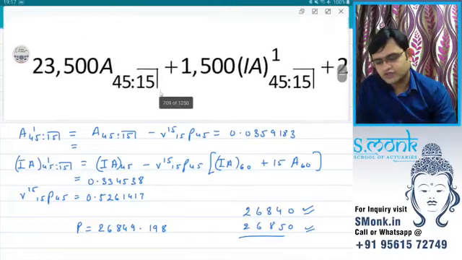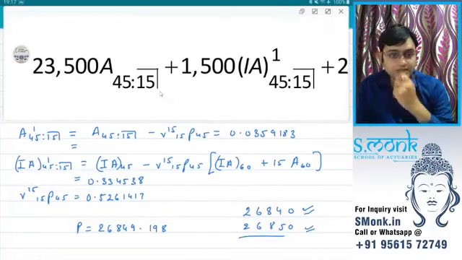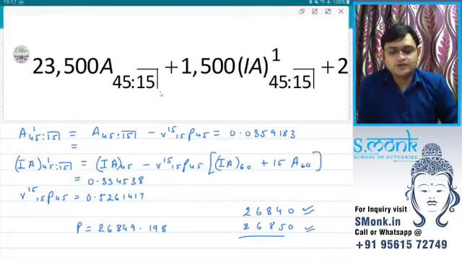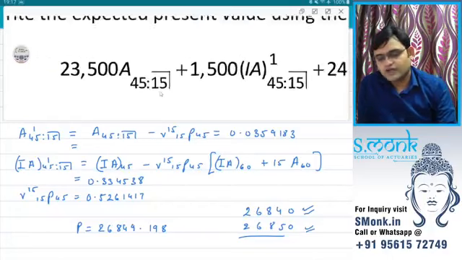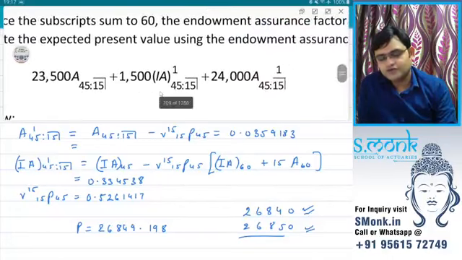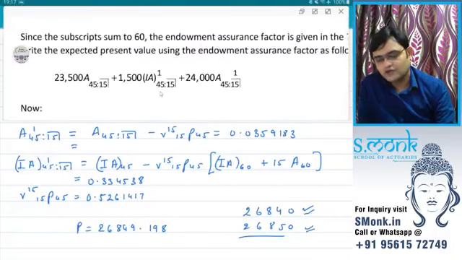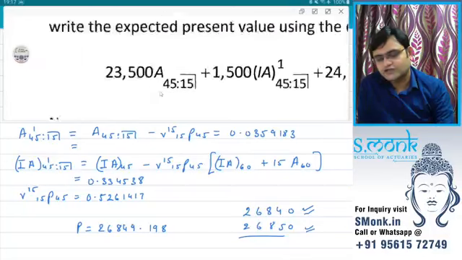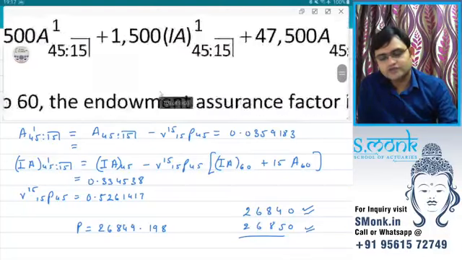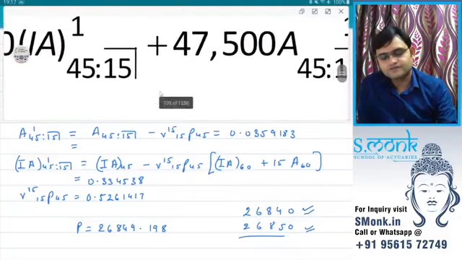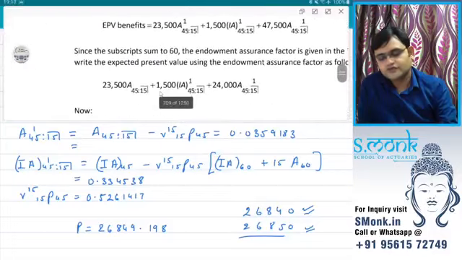So you can see here 23,500, they are using endowment value. That is term plus pure endowment. Where does this pure endowment value come from? It comes from here. Now you can see the pure endowment value has gone down to 24,000. If you add 24,000 and 23,500, you will get this 47,500. So don't get confused.